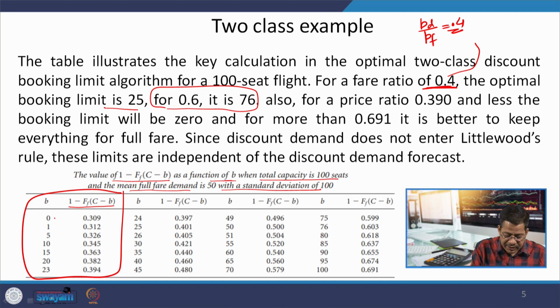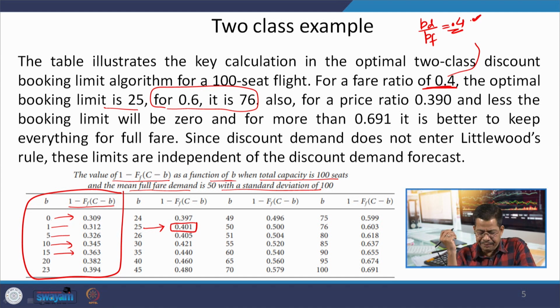I have started increasing the value of B from 0 to 1 to 5 to 10 to 15 and so on, and when I reach B equals 25, the value of 1 minus F(C minus B) comes to be 0.401, which is just higher than 0.4.